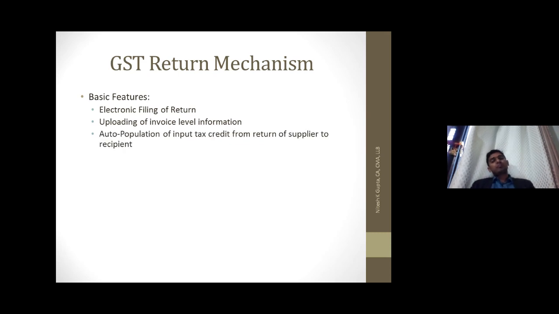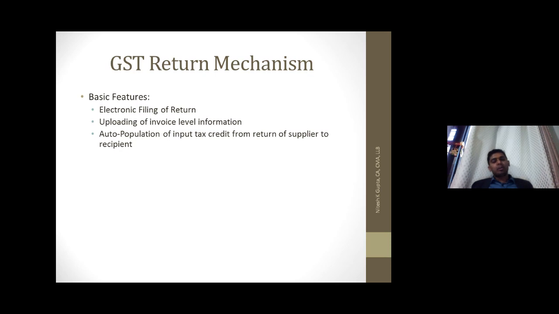There is auto population of input tax credit in the return from the return of the supplier to the recipient. So the seller uploads his invoice on the portal. That information goes to the purchaser, and the purchaser gets the details of the purchases that he has made from all the suppliers, auto populated.